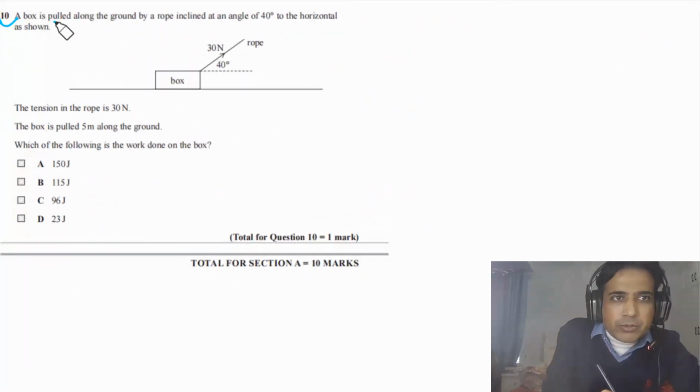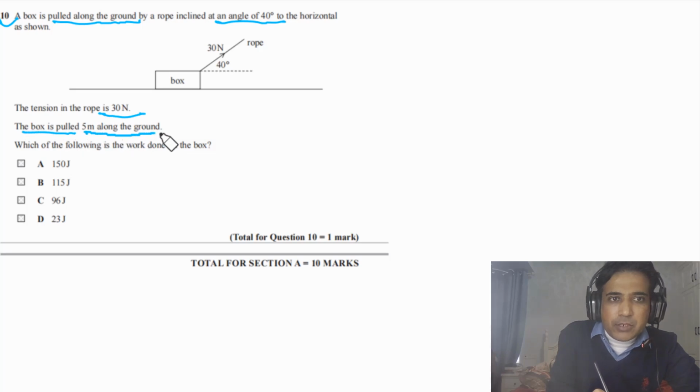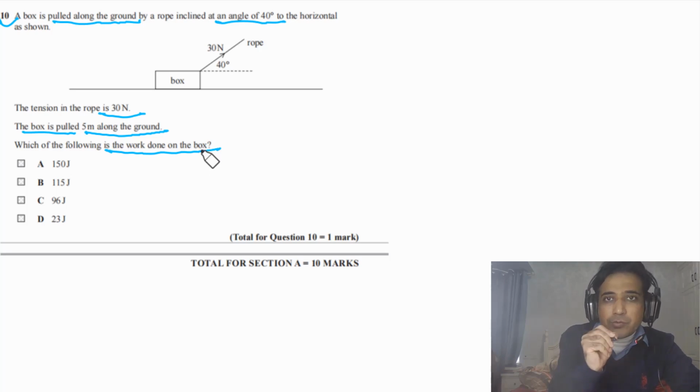Question 10 says a box is pulled along the ground by a rope inclined at an angle of 40 degrees to the horizontal as shown in the figure. The tension in the rope is 30 newtons. The box is pulled 5 meters along the ground. Which of the following is the work done on the box? Work done on the box. We can also draw the box here.